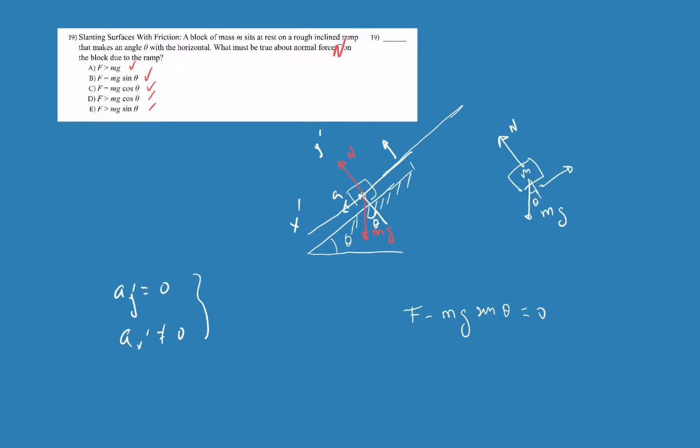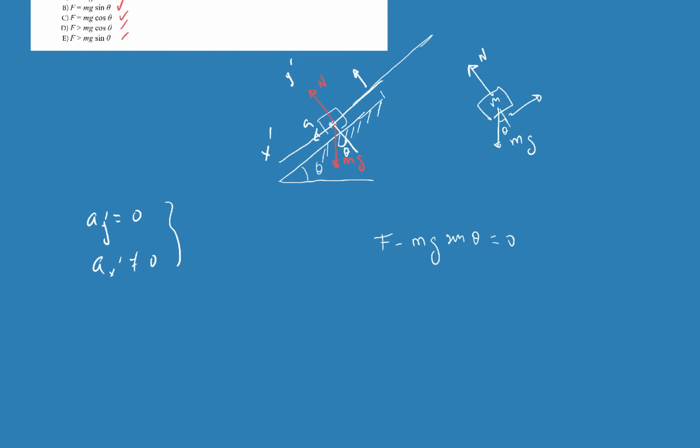Okay, let's now apply Newton's law. The sum of all the forces in the y prime direction equals the mass times the acceleration in the y prime direction. In the y prime direction, I see the normal force going up, and one of the components of mg, mg cosine of theta, going downwards.